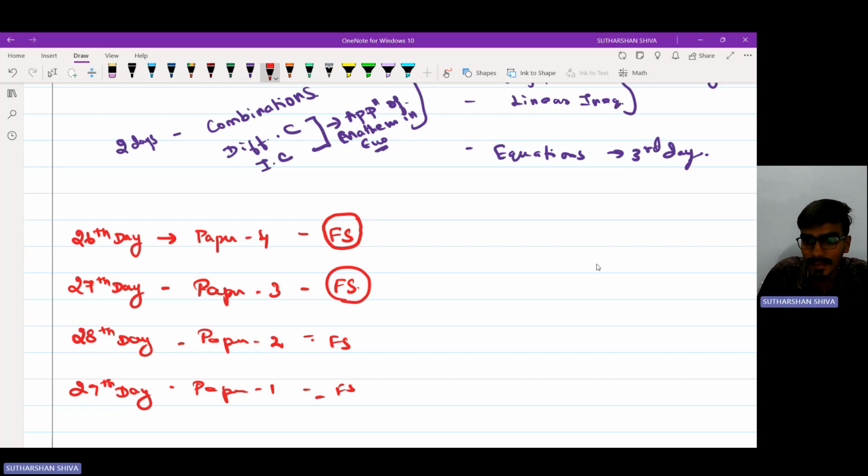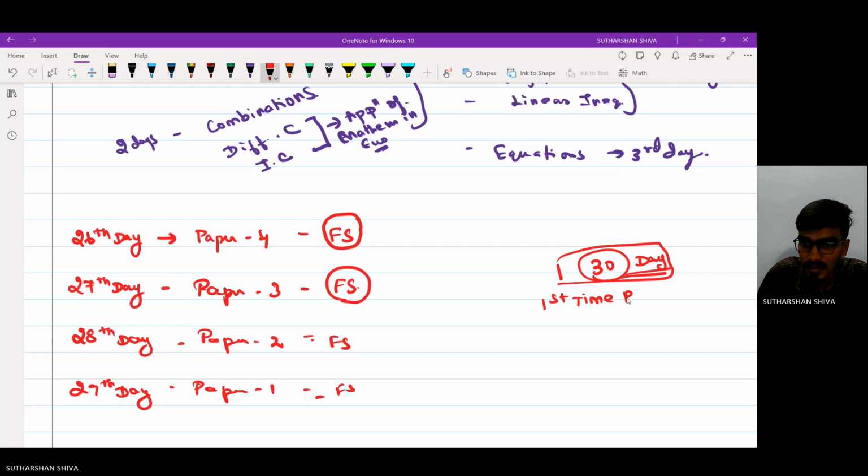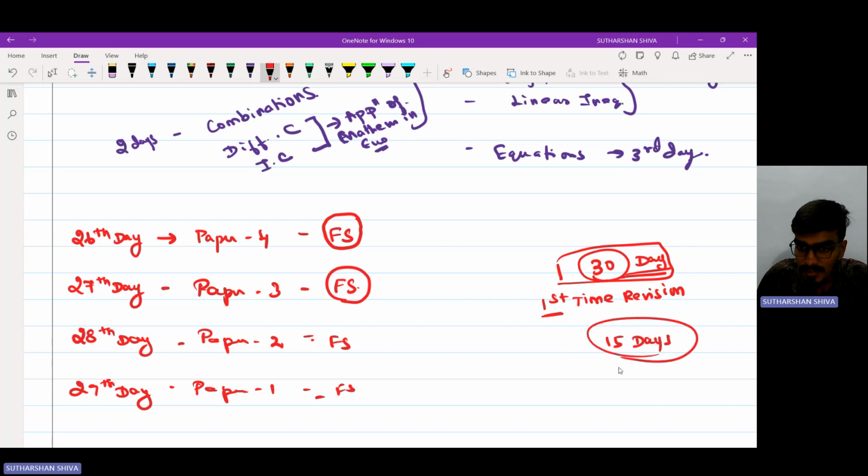Nearly 30 days are needed for the first revision. For the first revision you need 30 solid days, and you are left with the remaining 15 days. These 15 days we will keep for the second revision.